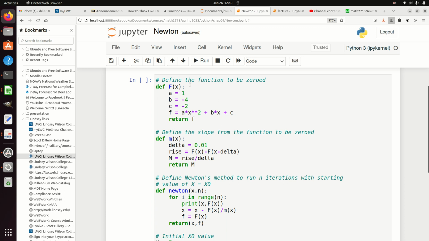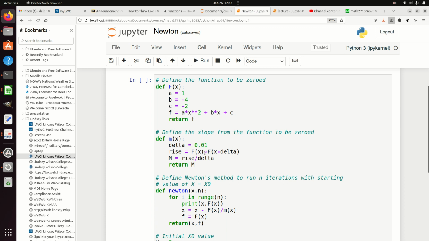One function is defining the function we want to have zeroed. We want to find the zero of, say, this quadratic function here. Then this other function finds the slope at a point x, and then a very close by point x.